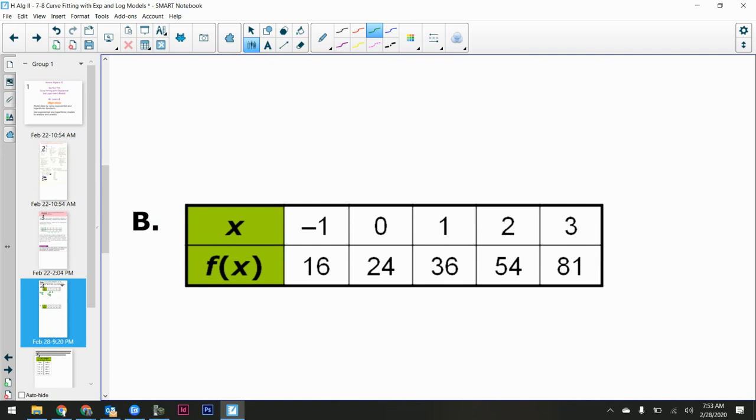Okay, so see if this is exponential. Oh, look. That's the bad part about it being so quiet. We can hear everything. It's a ghost town.